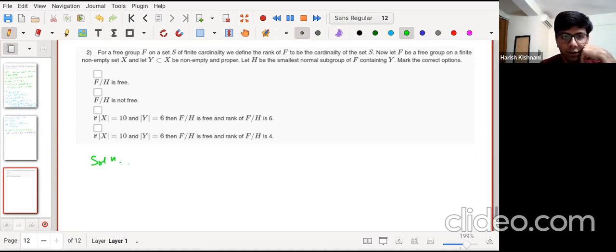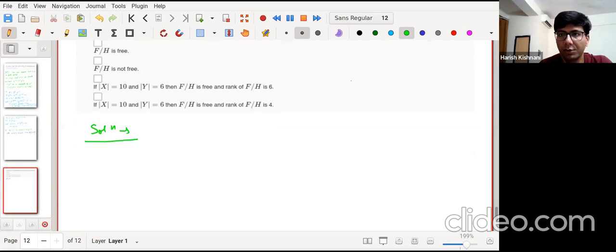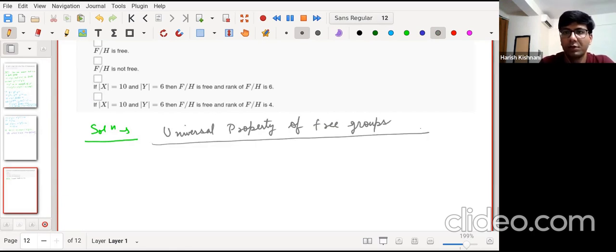For that you have to use the universal property. So I'm just stating what the universal property of free groups is.